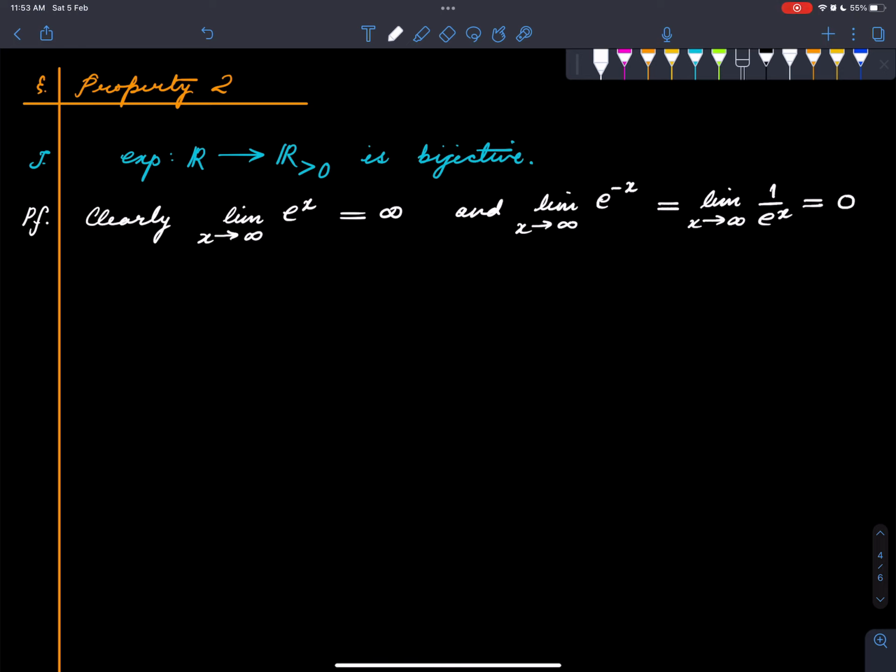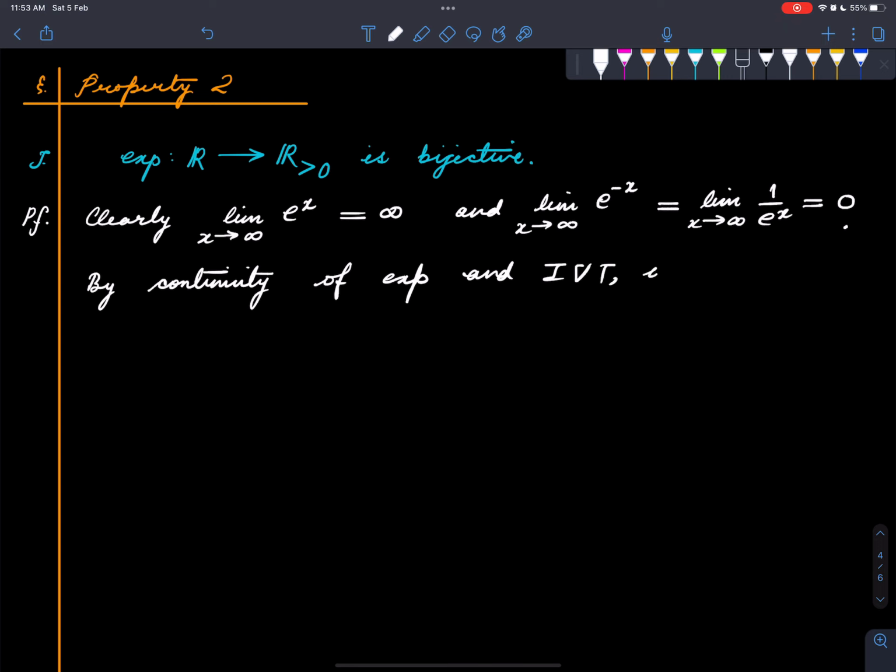So we have that. And now by continuity of the exponential function, since in fact it's given by a power series, so it's not just continuous, it is differentiable, but we'll only use continuity and the intermediate value theorem.